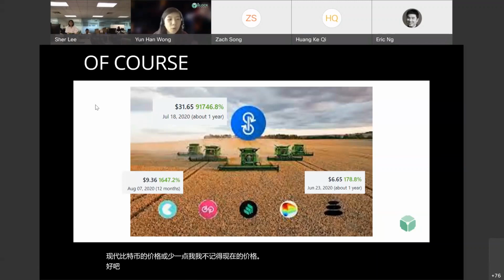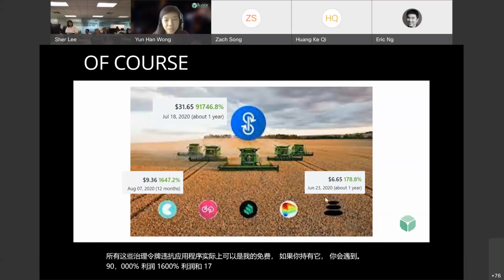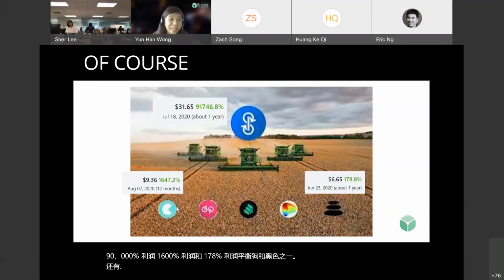And if you hold them, you would have made 90,000% profit, 1,600% profit, and 178% profit for the Balancer token, the black one, and the Pac-Man lookalike Cream token is worth $9 now.